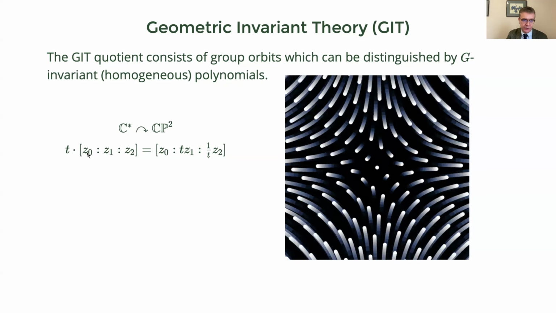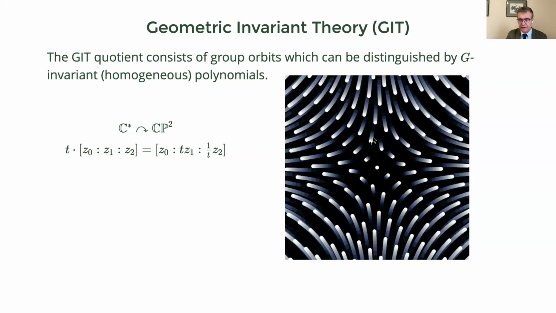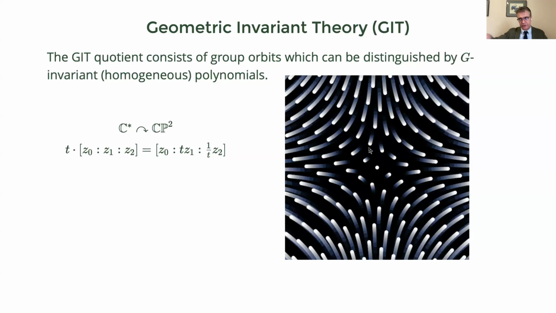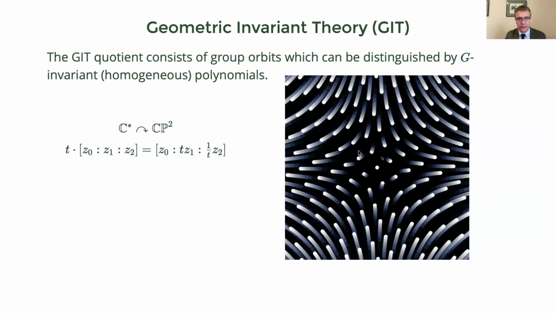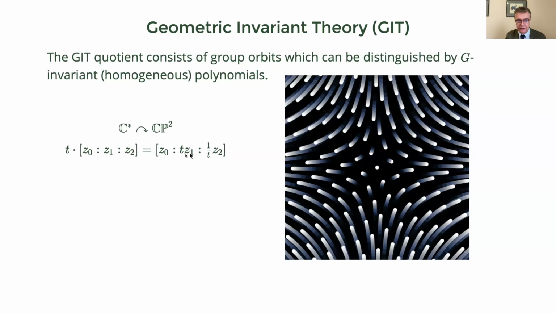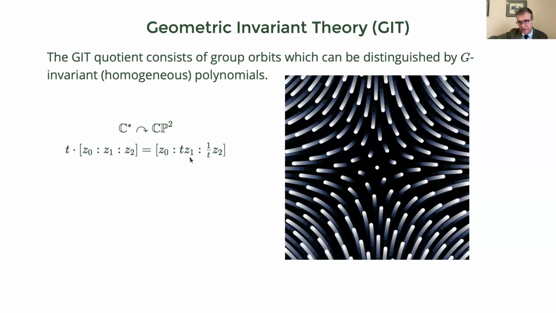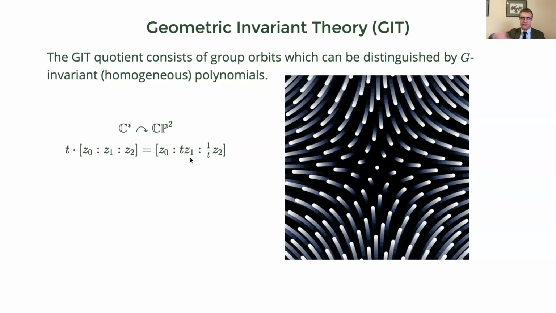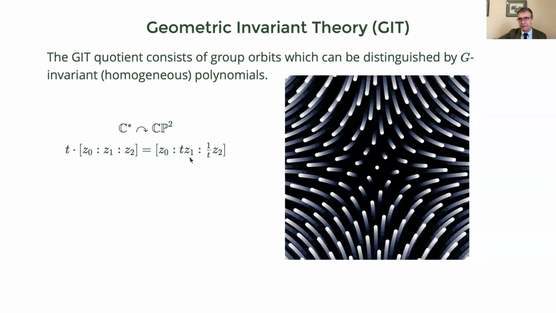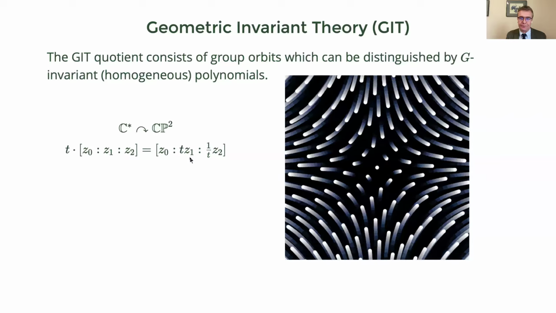Now, if z0 is non-zero, then you can rescale to make it equal to 1. And then this is sort of the z0 equals 1 plane, and it's a real slice, and it's just an affine thing or whatever. But you see that what this action is, you're scaling sort of z1 by t and z2 by 1 over t. And so in the picture, you're scaling the x direction by t and the y direction by 1 over t. And here I'm letting t get big, but of course t could also get small and things would go the other way.